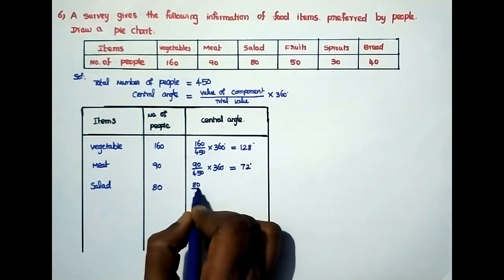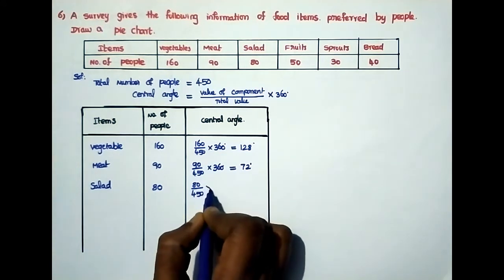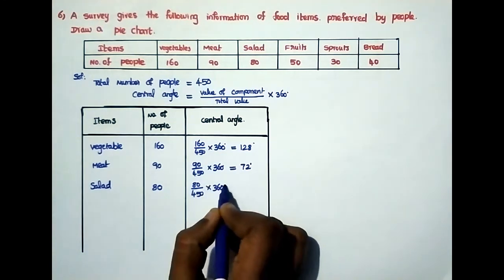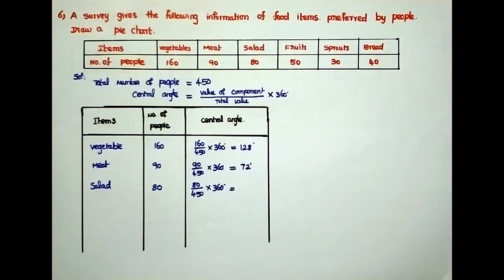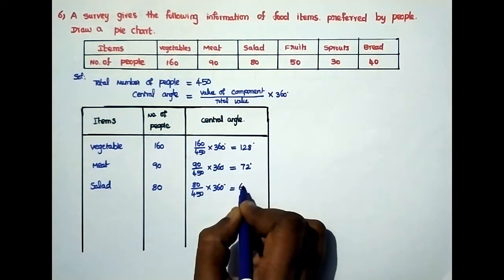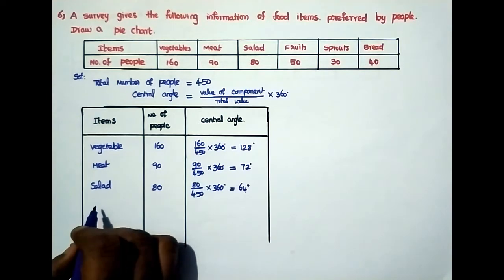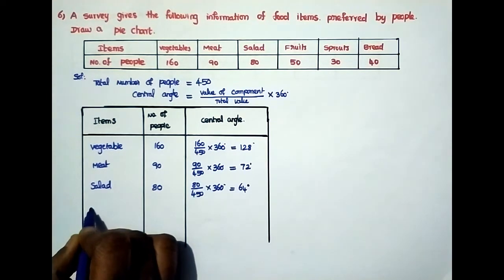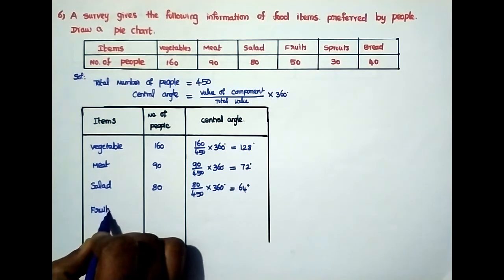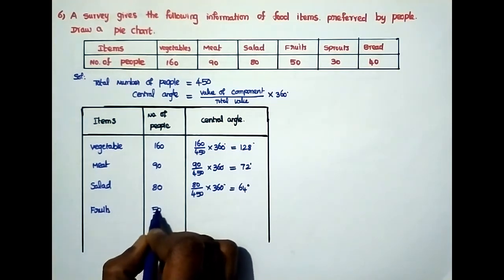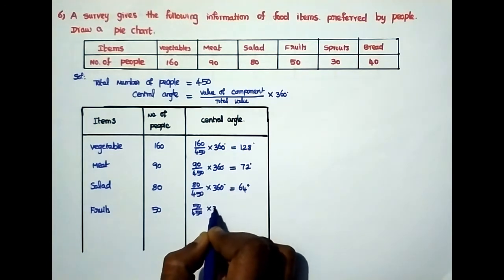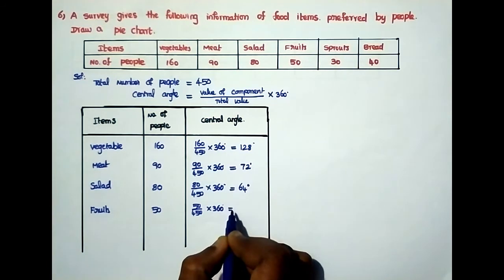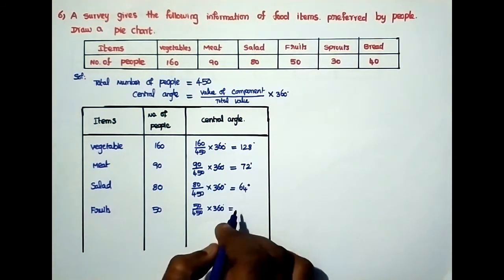So 80 divided by 450 into 360 means we get 64 degree. And then fruits, 50. So 50 divided by 450 into 360 means we get 40 degree.